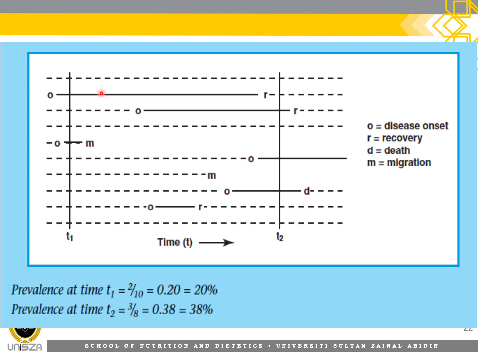The other 2 persons are lost to follow up. So the prevalence at time T2 is 3 over 8, which is equal to 0.38, and when converted to percentage is 38%.